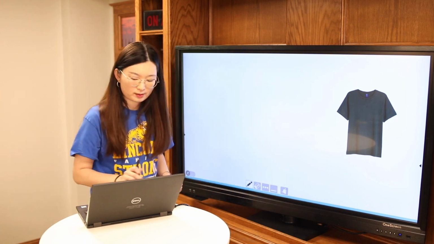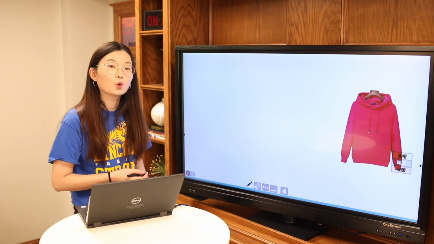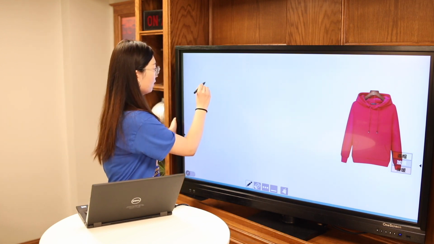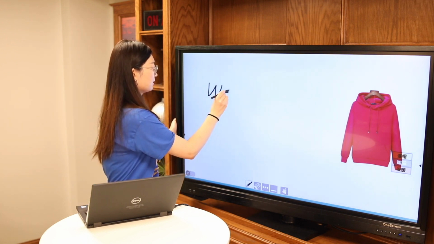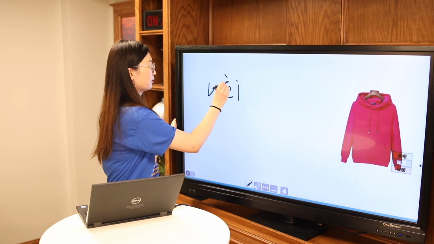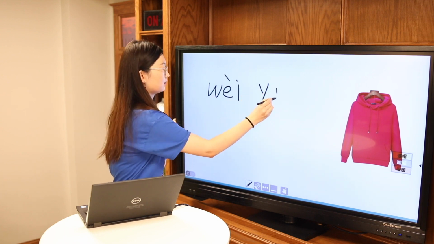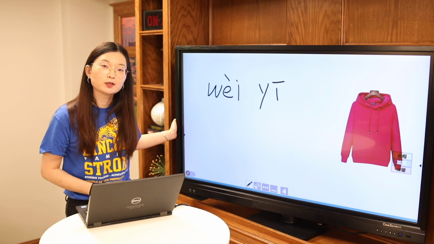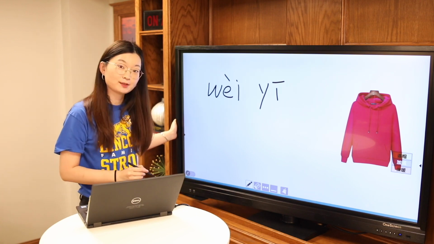And then next one we have 卫衣. 卫衣 hoodie. Okay, 卫衣 is simpler to write.